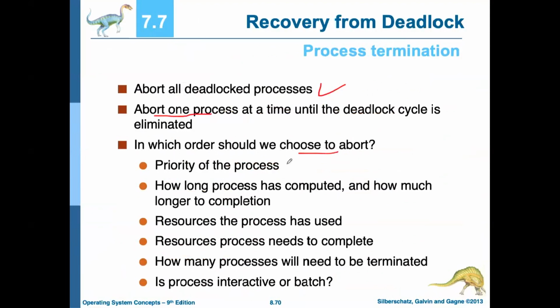Priority of the process, how long the process has computed and how much longer to completion, resources the process has used, resources the process needs to complete, and how many processes will need to be terminated. Is the process interactive or batch? So, which order shall we choose to abort based on the criteria here?